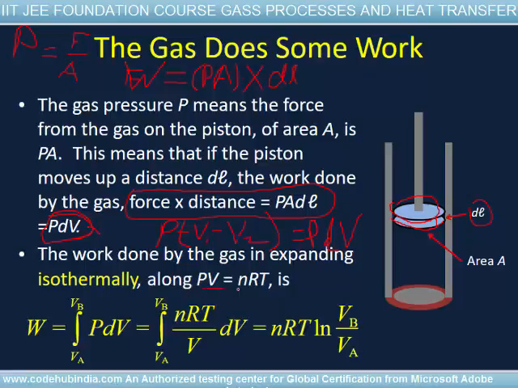So P is nRT divided by V, with dV here. No problem. We get the log of V2 minus V1. I will make the log clear in the maths class.